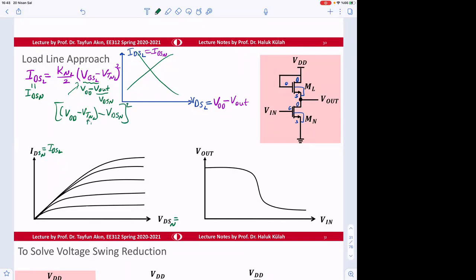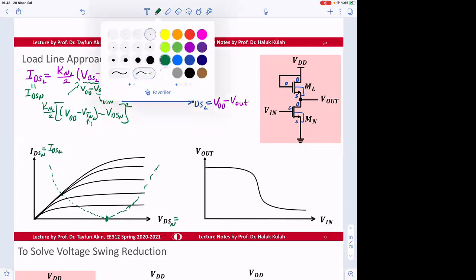So if this is 1 volt, for example, and I draw this, Kn of L over 2, it is like you learned this in high school, right? This is it, right? Parabola.